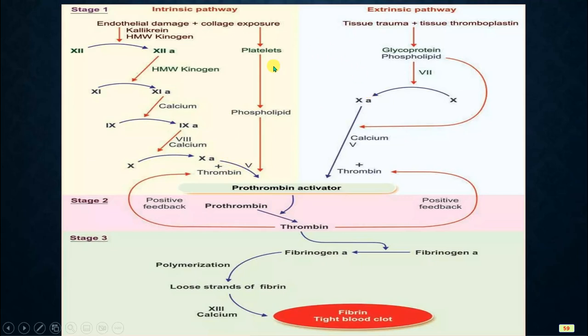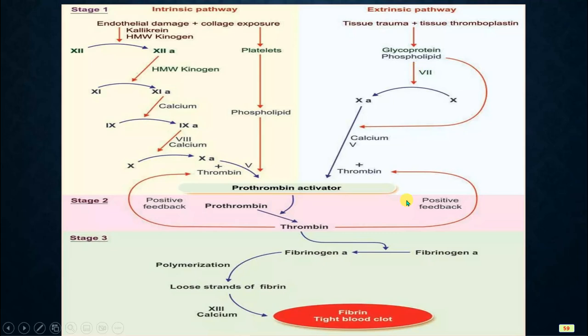For example, the platelets combined with phospholipid ultimately activate the prothrombin activator, and the prothrombin activator stimulates thrombin to convert fibrinogen to fibrin. Then polymerization takes place, forming loose strands of fibrin, and ultimately a tight fibrin blood clot will be formed by both extrinsic and intrinsic pathways.